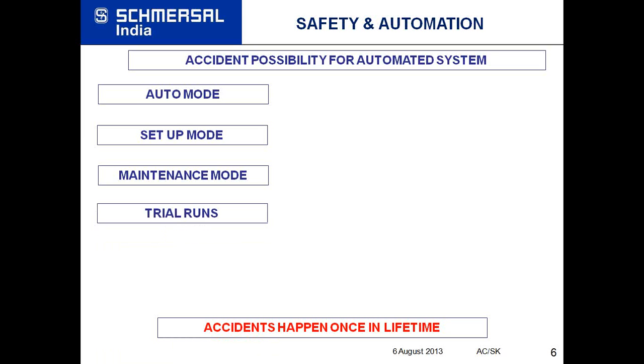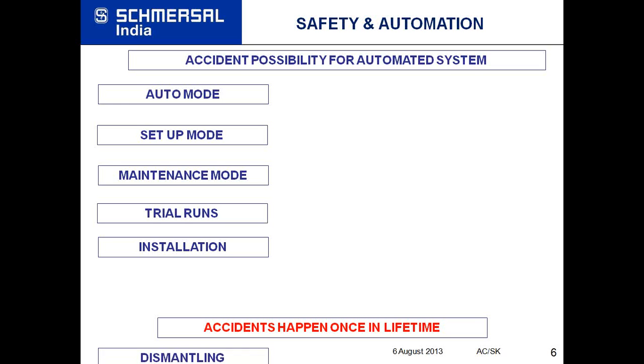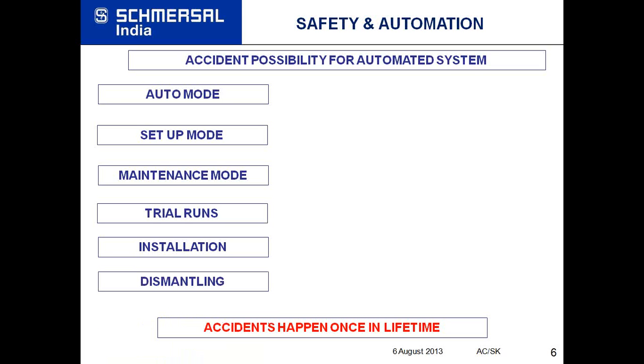And what about safety under trial runs, where we observe how the machine behaves with a new product or a new batch or some new speeds which we have to achieve on the machine or the process. Also during installation, erection, commissioning, we have to interact with the machine when it is in running condition. And to tell you the truth, even during dismantling, there have been many accidents.